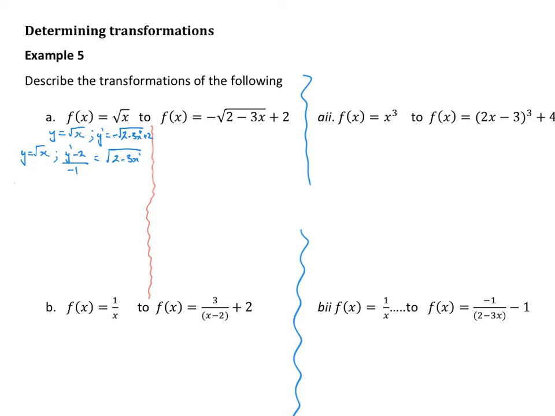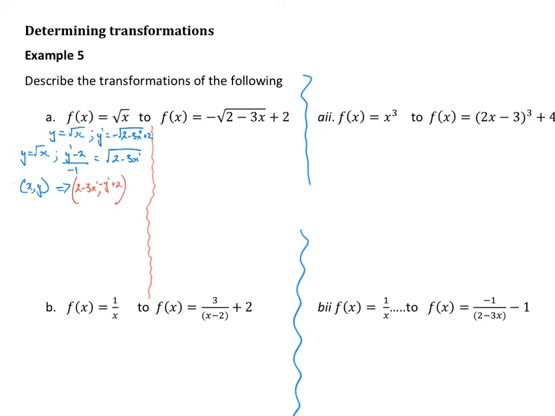So this point xy has become, well, the x value is 2 minus 3x dashed, the y value is negative y dashed plus 2.